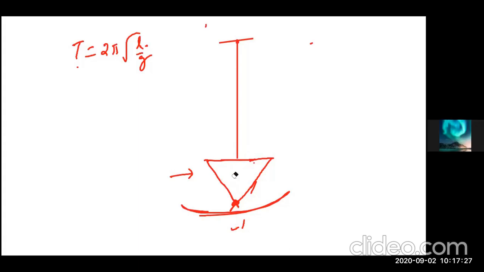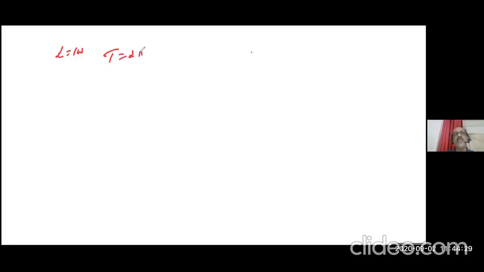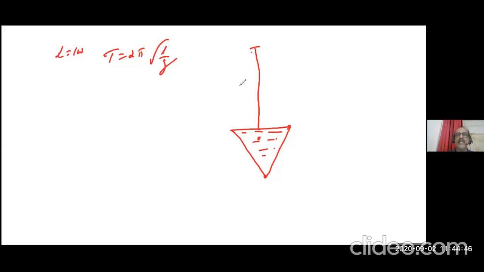Then T is equal to 2 pi into root of L by G. So initially, say this bucket is like this. Initially the center of mass is here. As the water drains out, this center of mass will come down, isn't it? Then the time period will increase.